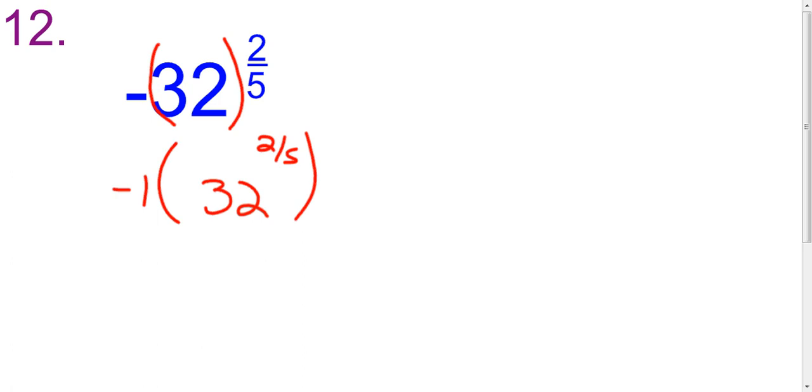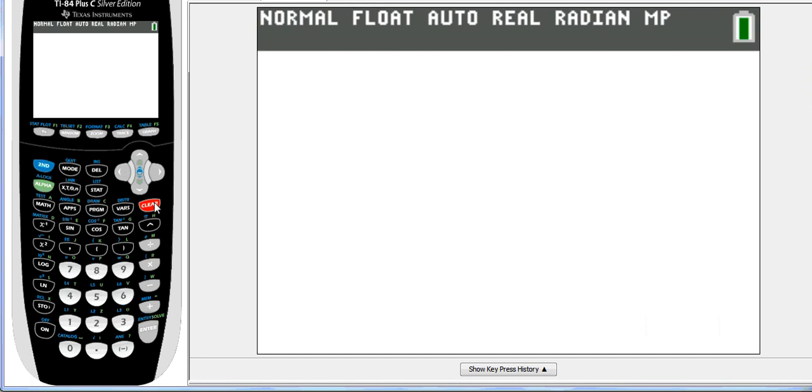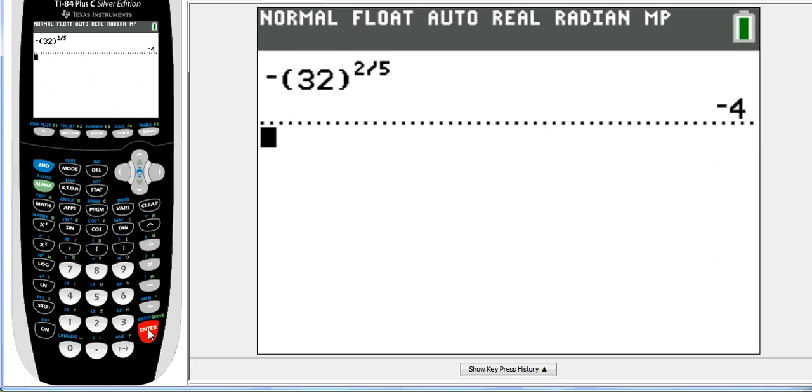So when you enter this into your calculator, you have to be really careful. You want to enter the negative, and then it's just the 32 that goes to the 2/5 power. Don't put the negative inside the parentheses because that's not what's happening here. Okay, so be really careful about that. And you can see that you should get -4.